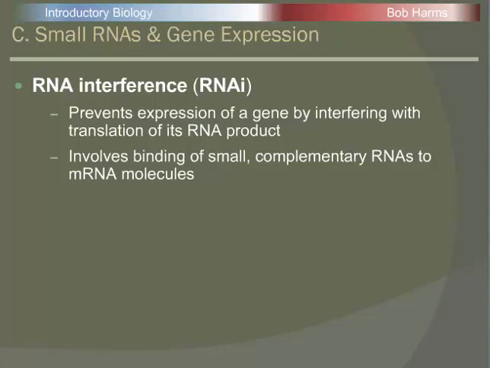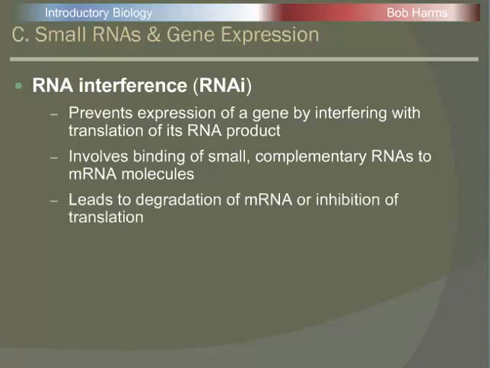Remember, we have complementary base pairing, and so these RNA interferences will have a sequence similar to messenger RNAs and will actually bind to the messenger RNA and physically get in the way, and that's not going to allow that messenger RNA to become protein. Eventually that messenger RNA would be degraded and recycled, never leading to a protein. So these RNA interferences can effectively suppress or turn off gene expression for particular genes.